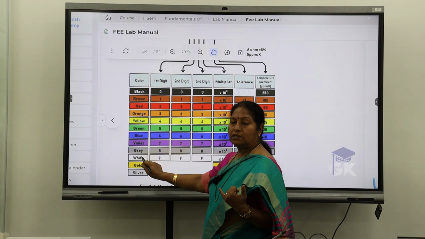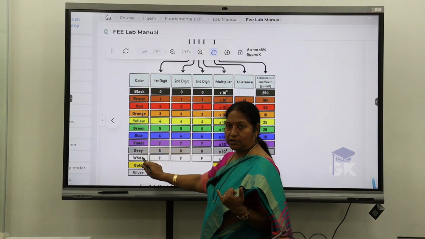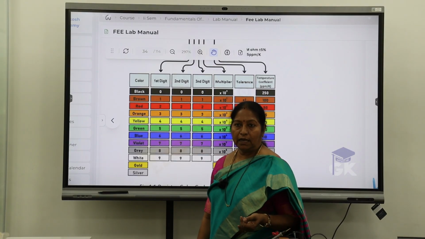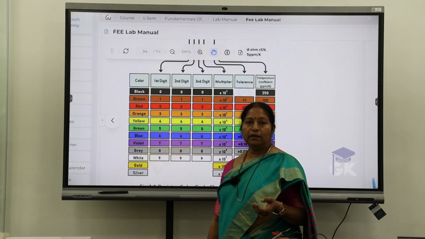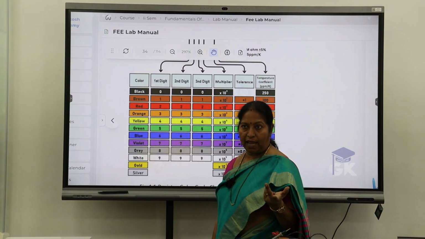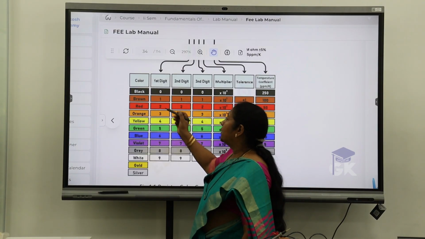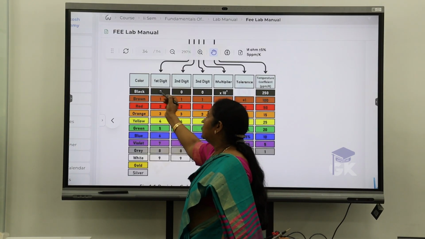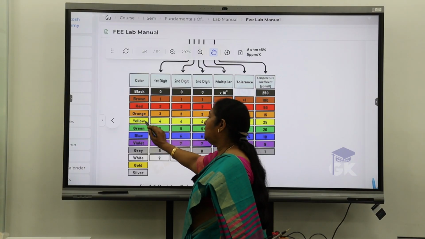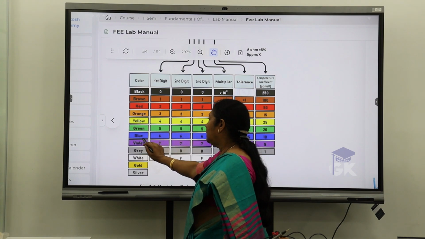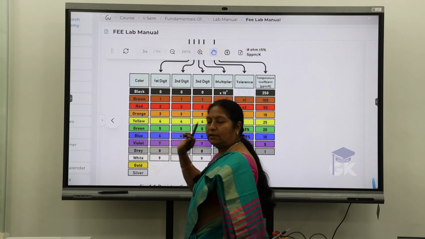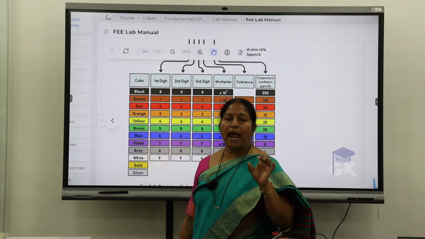And next is wild, W for white, so that is 9. So the color coding from black to white: black 0, brown 1, red 2, orange 3, yellow 4, green 5, blue 6, violet 7, gray 8, white 9.